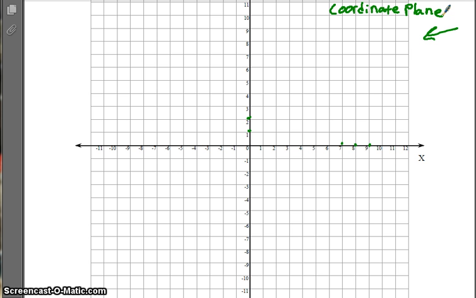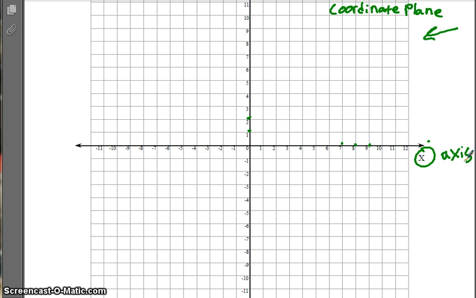We can identify any point on the coordinate plane with two numbers. So it's like a navigator on a plane. We can use two things to indicate what we're looking at. On the horizontal line, we have something that we call the x-axis. And that identifies any point horizontally.